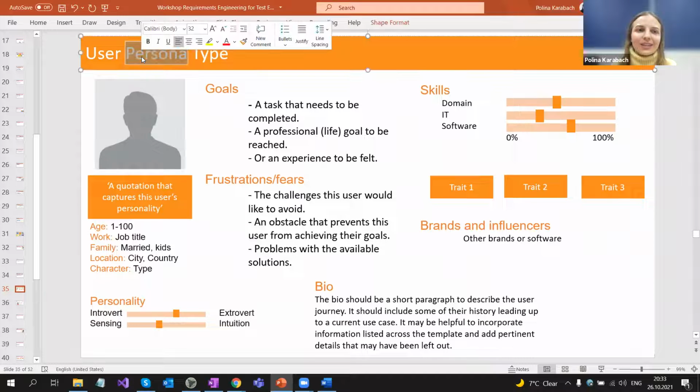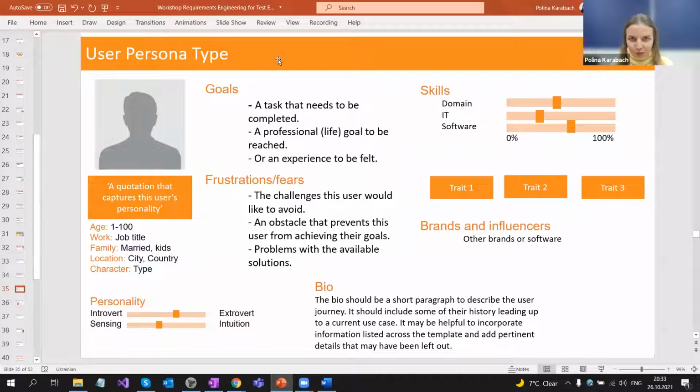So here we have the title of the user persona. That would be, for instance, a name, a typical name for a user based on the location, maybe the age, and for instance, a role or a profession or a type of person in just several words.